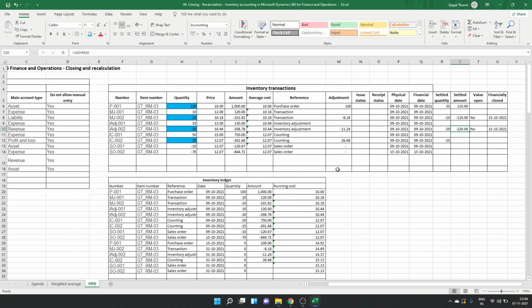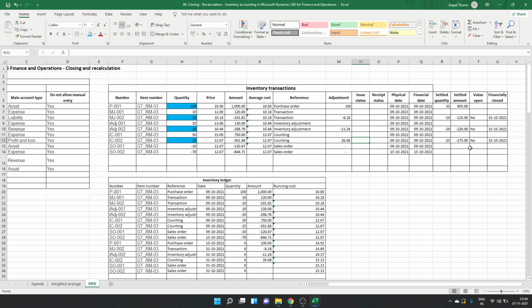The cost is same, and here also I will say absolute value of this plus this plus this. Okay, so 605 is already settled. 605 is settled here. Here also value open is no, and the financially closed date is this.